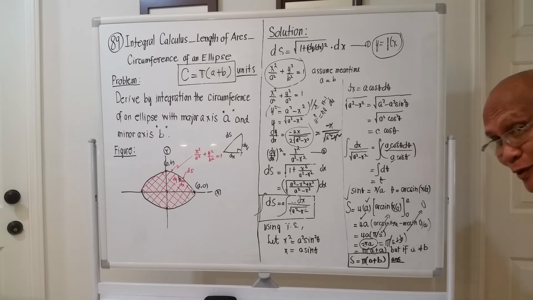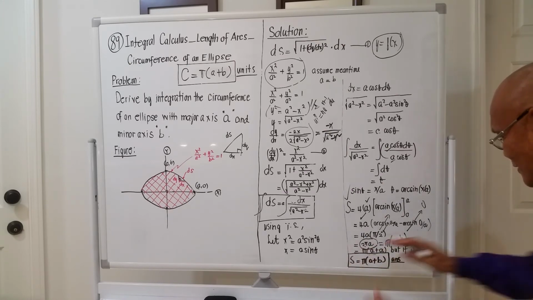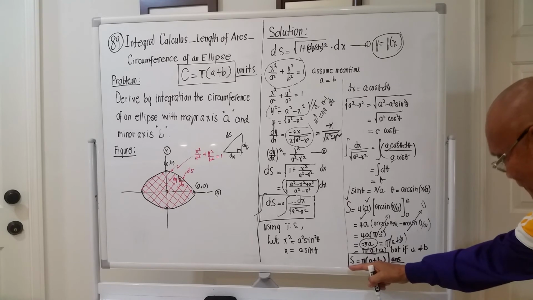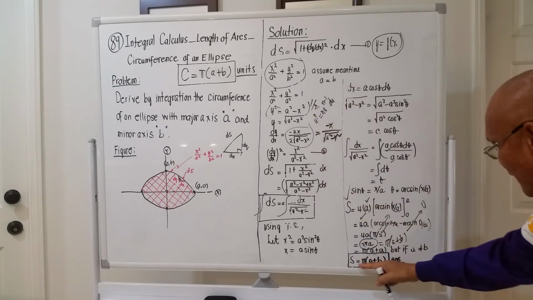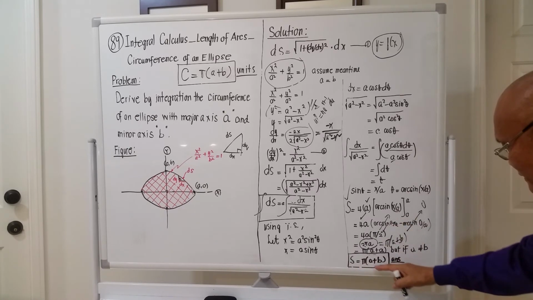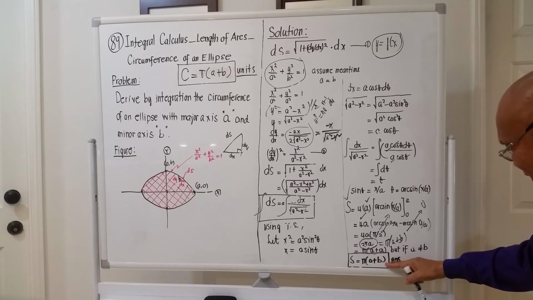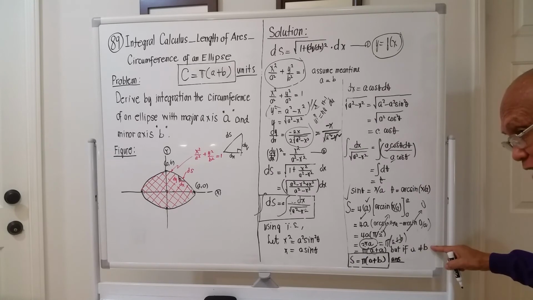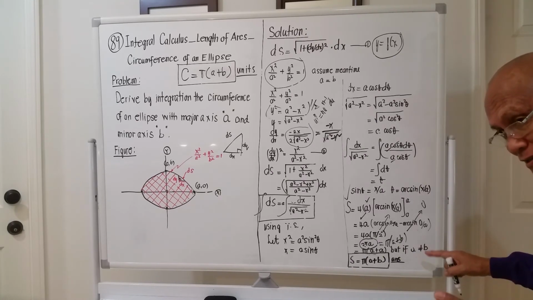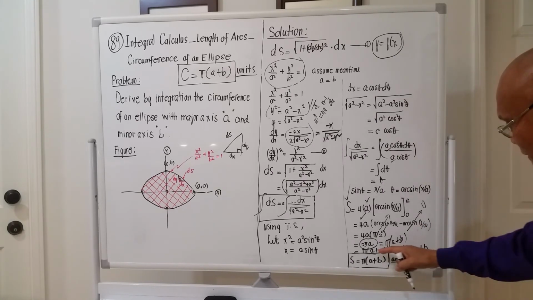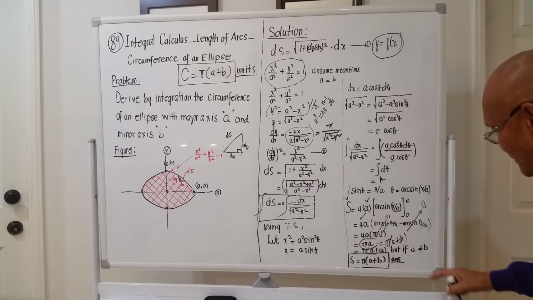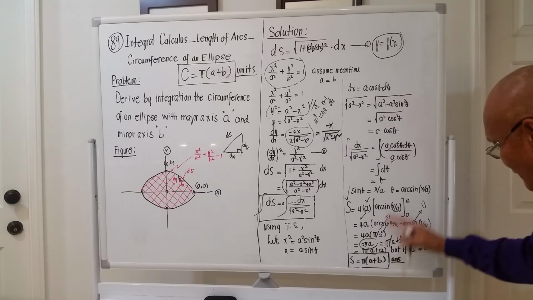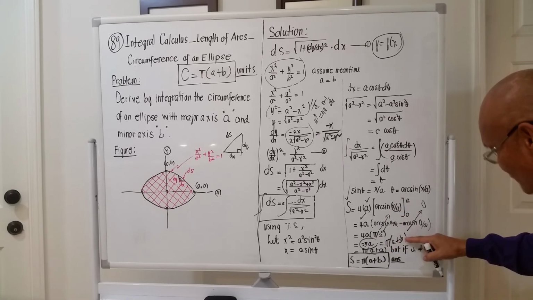You got it? So if we try to simplify, the perimeter or circumference of an ellipse now will be pi times the quantity a plus b. Because for the meantime, a is not equal to b. But just in case a is equal to b, it will just be simply 2 pi a. But if a is not equal to b, this will become pi times the quantity a plus b.